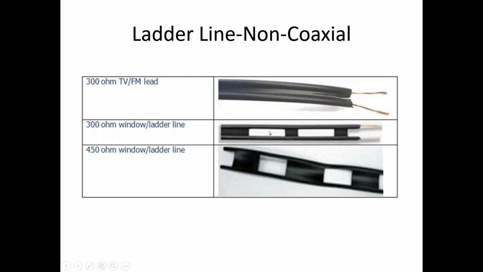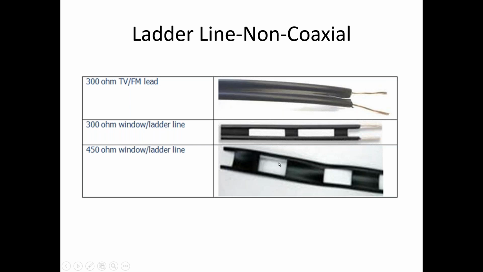This is the dielectric, the combination of air and this material, the same thing over here. And there's a difference in the spacing. So the capacitance has changed between this, which would be the 400, they call it 450 ladder line, and this one, which is 300 ohm ladder line. So again, that distance is affecting the characteristic impedance.